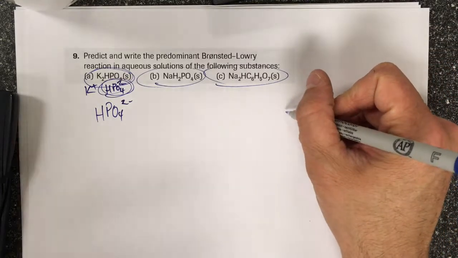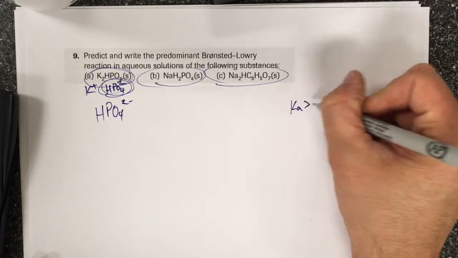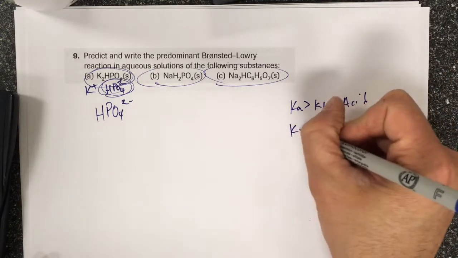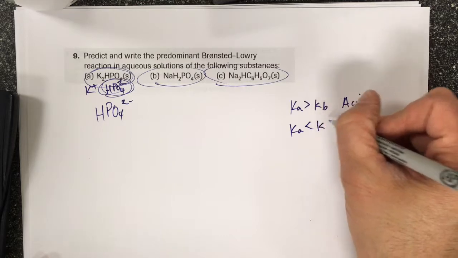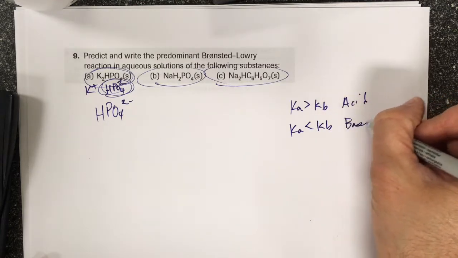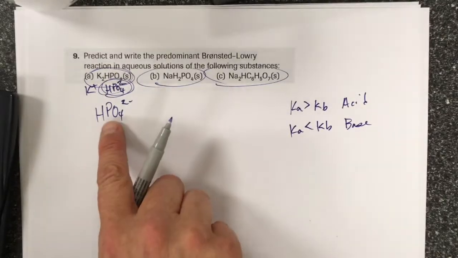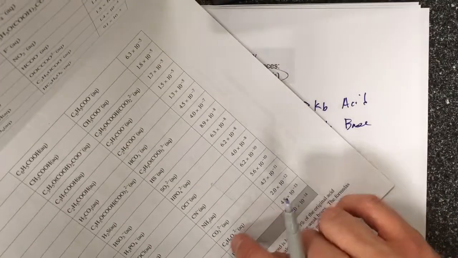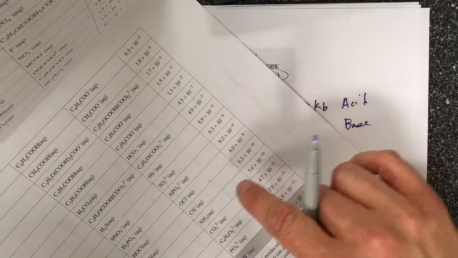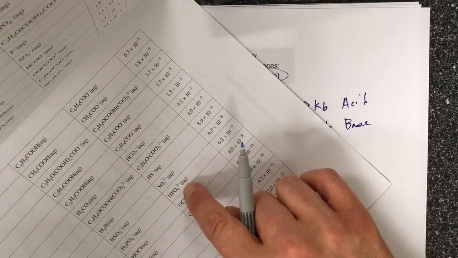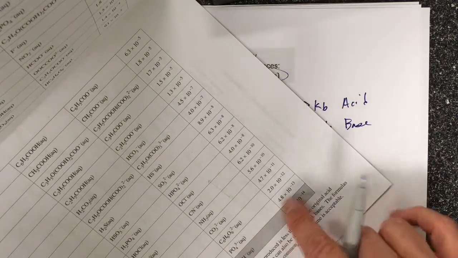Well, in order to determine that, if the Ka is greater than the Kb, then it's an acid. If the Ka is less than Kb, then it's a base. But I need to know what the Ka is for this and the Kb. So hydrogen phosphate is down in our data booklet here as a base, and it's listed down here as an acid.